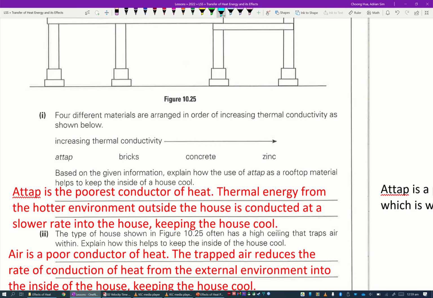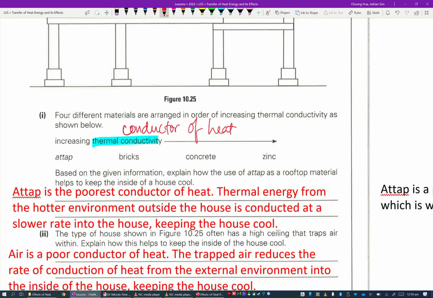Now note that in part 1, the question asks, 4 different materials are arranged in order of increasing thermal conductivity as shown below. Thermal conductivity. So the first thing that comes to your mind has to be conductor of heat. Based on the given information, explain the use of Attap as a rooftop material.